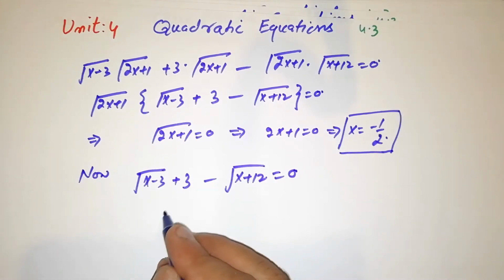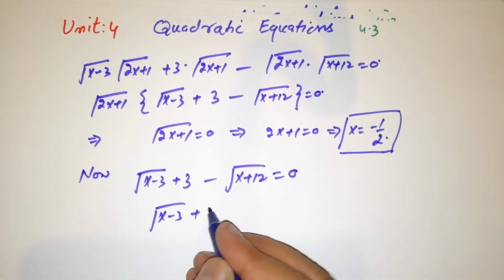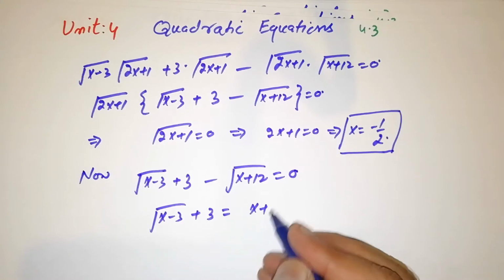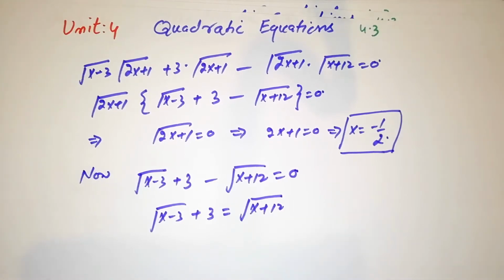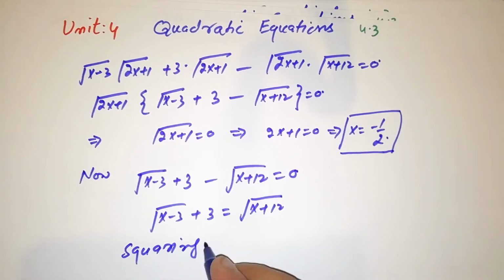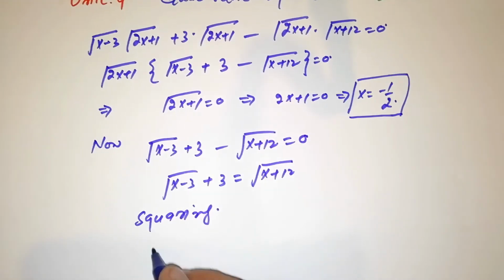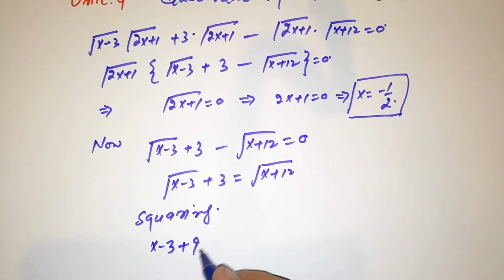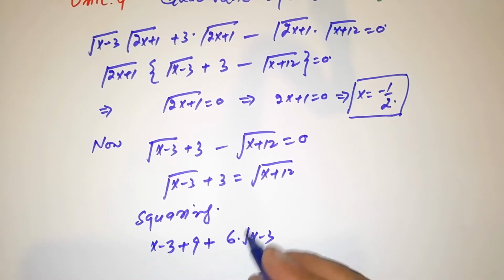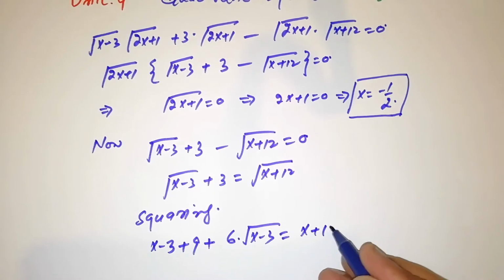So this can be written as square root of x minus 3 plus 3, this is equal to square root of x plus 12. So we square it, if we take its square, we have x minus 3 plus 9 plus 6 square root of x minus 3, that is equal to x plus 12.